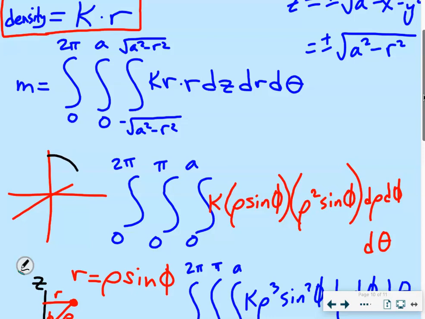If we want the whole sphere, which we do, then we have to go all the way from here to here, right? So our phi is going to go from 0 to pi, because we're pi away from the top at the bottom. Phi will never go past pi, ever. Theta is what makes it go around. Phi is how far out you're going this way.